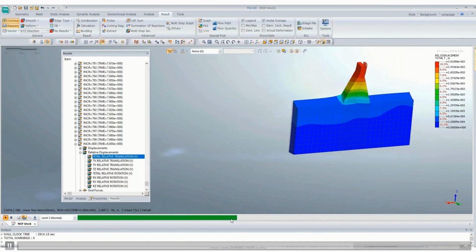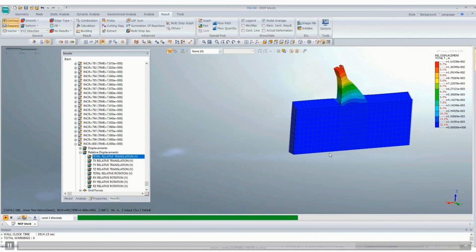After this, just for visualization purposes, we'll check its behavior. Then we'll compile the reactions, vertical and lateral reactions at the supports, and take them to the Excel sheet.